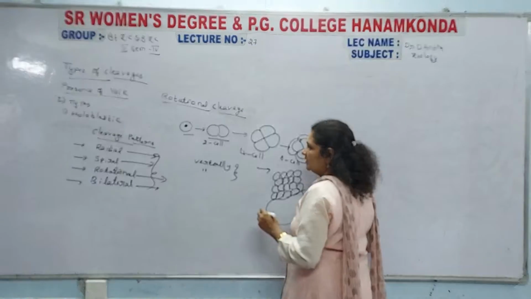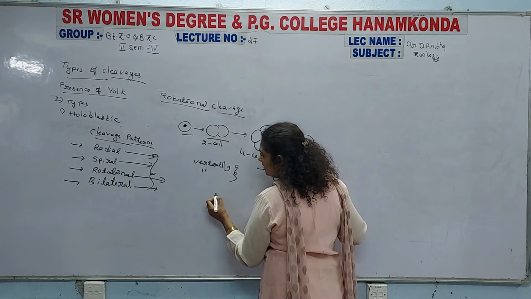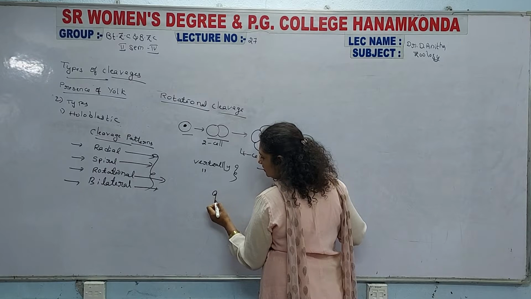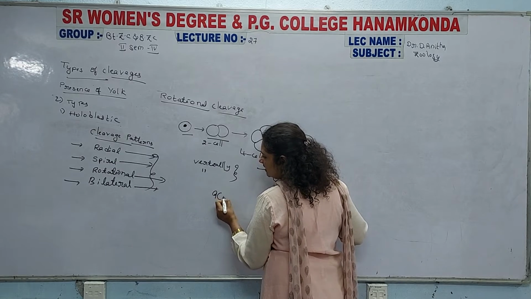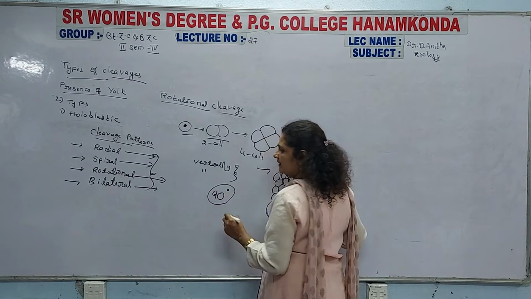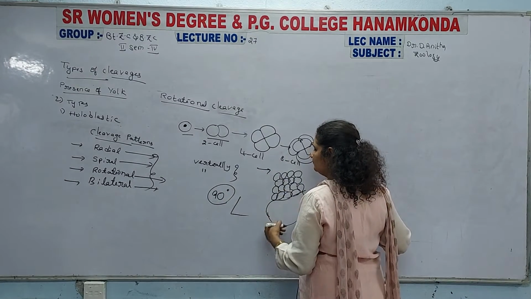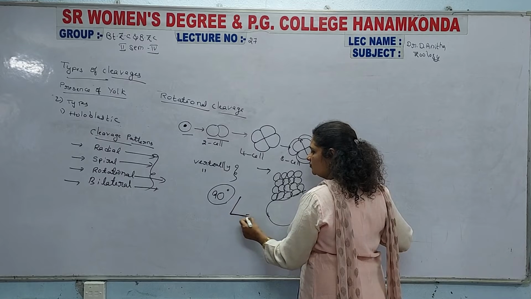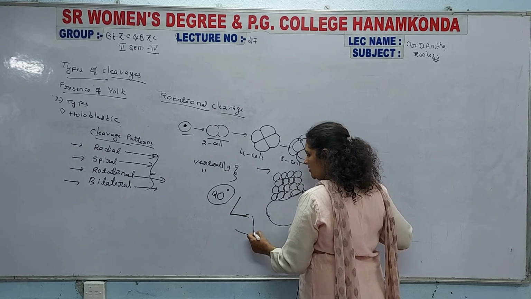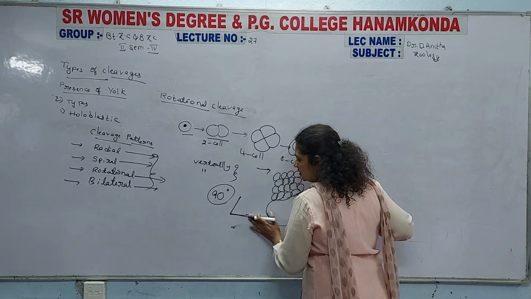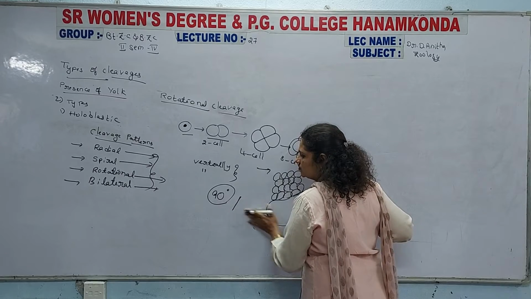After the completion of 2 vertical divisions, the next time the cells are moved to the 90 degrees of angle. So every 90 degrees of angle, those are always rotated.